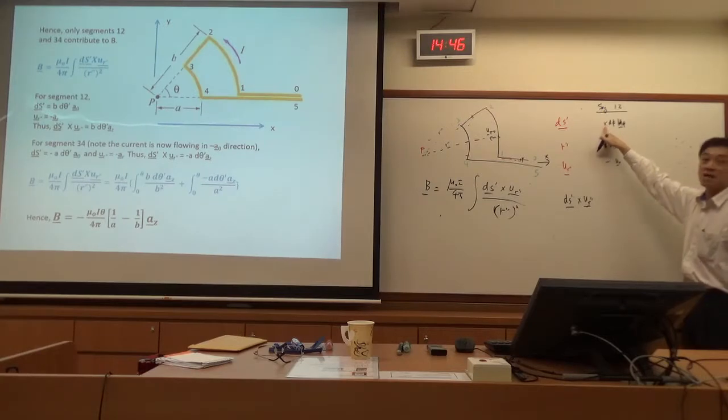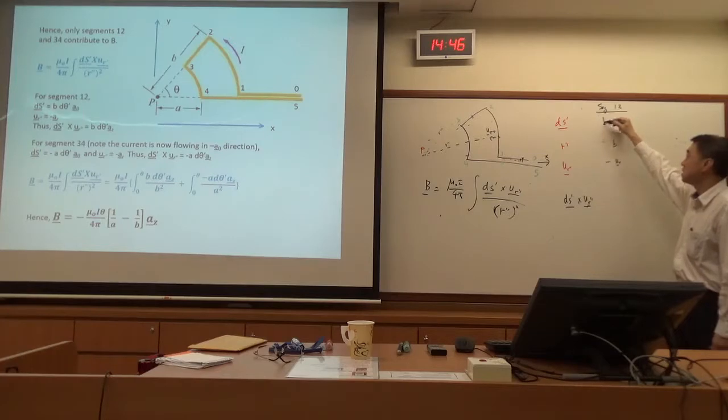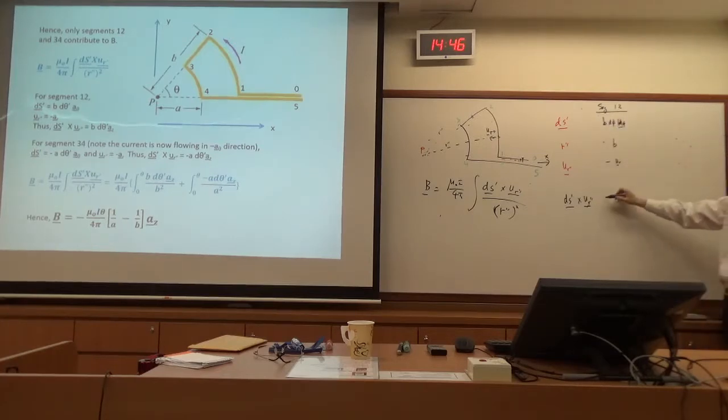This R dφ, this is a constant, so it becomes B. So this cross this, I have B dφ, Uφ cross UR. What do I get?